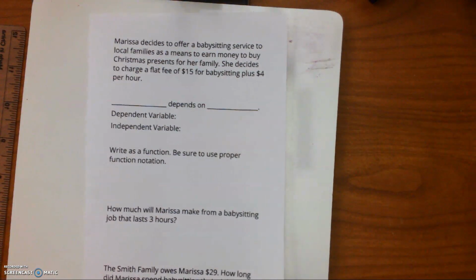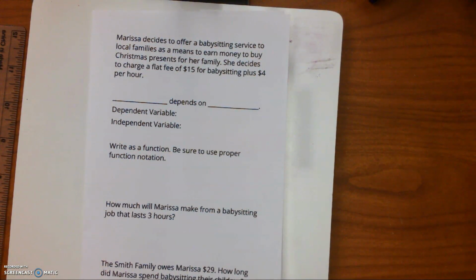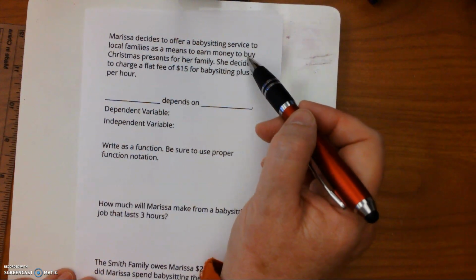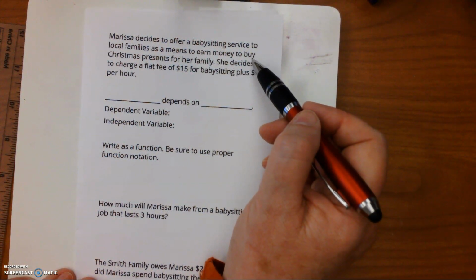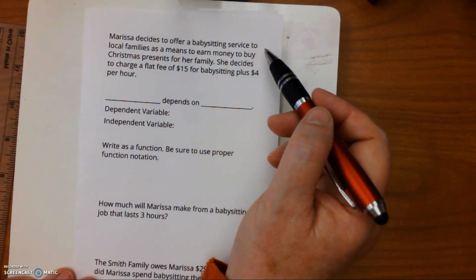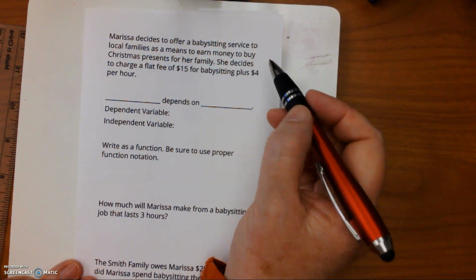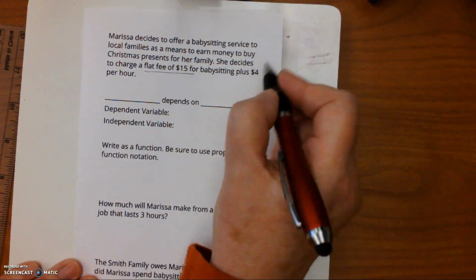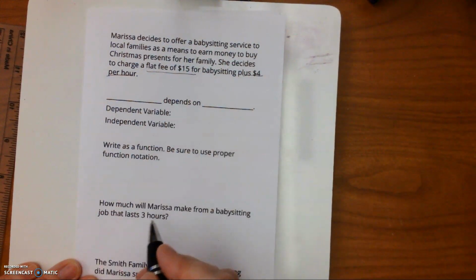All right? So now we're going to flip over, and we're going to do Marissa. Marissa decides to offer babysitting service to local families as a means to earn money to buy Christmas presents for her family. She decides to charge a flat fee of $15 for babysitting plus $4 per hour.